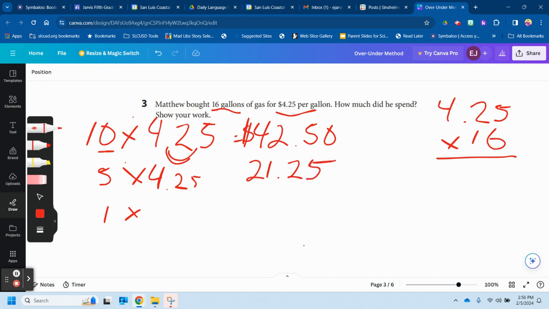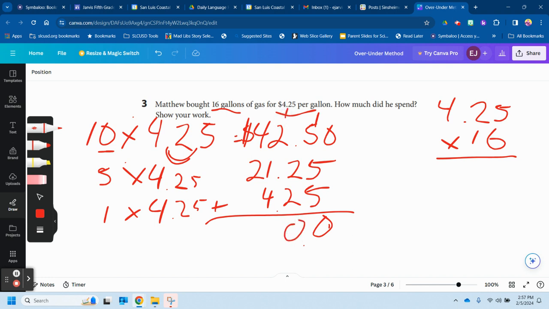And then finally, 1 times 425 is 425. You can just add those all up. We have 3, 4, 8. Bring down the decimal point. 4 plus 2 is 6, $68. So I broke this down into 10 plus 5 plus 1. That would kind of help if you had to do it in your head. Or once again, if you had time to write it out, you could just do it this way. Another way to do it.